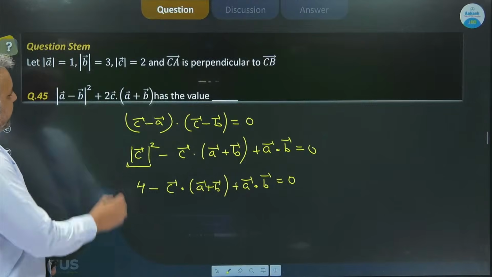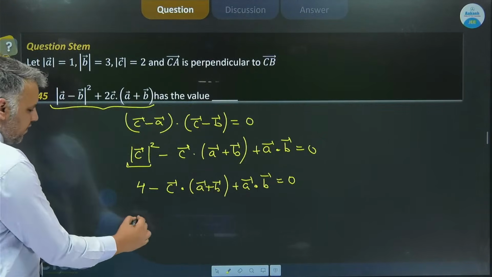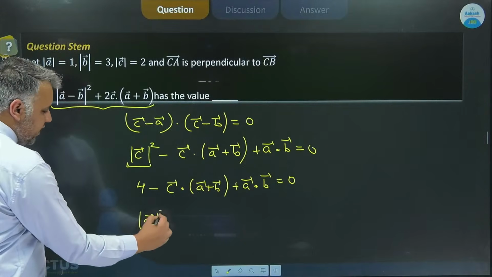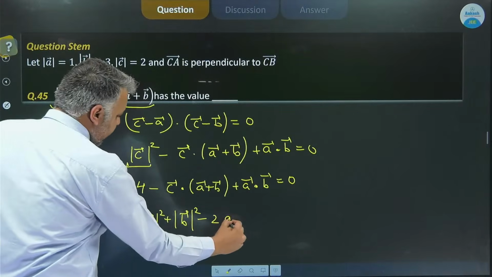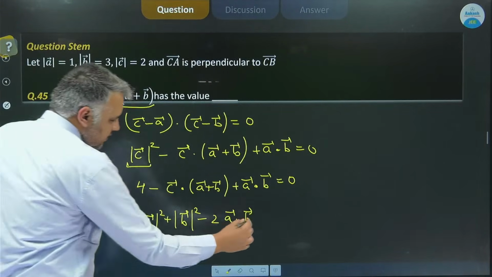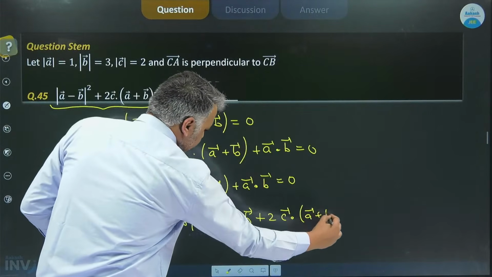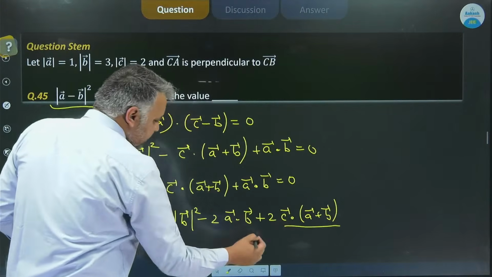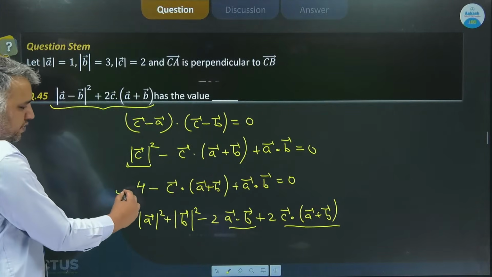In the first question, we have to calculate the value of this. So let's expand this. This will be magnitude A square plus magnitude B square minus 2A dot B. And we have to add plus 2C dot A plus B. Now C dot A plus B minus A dot B, the value will be 4 from this equation.